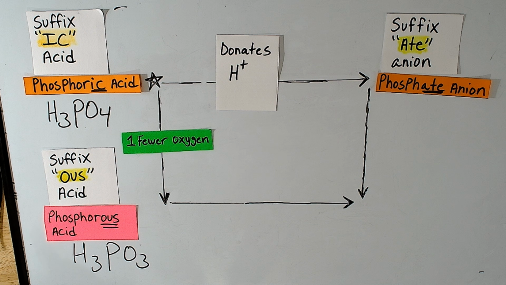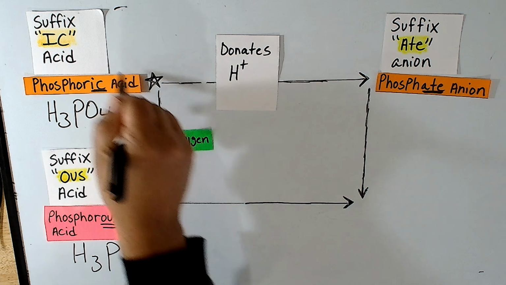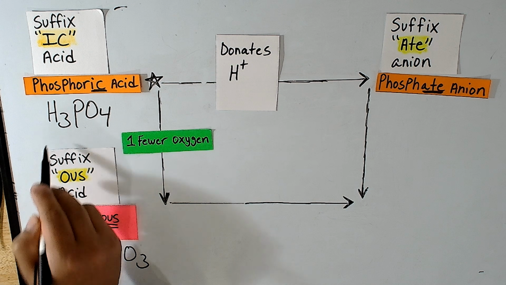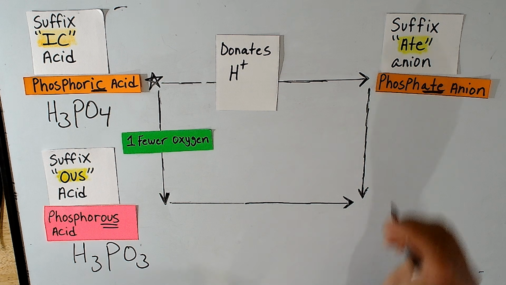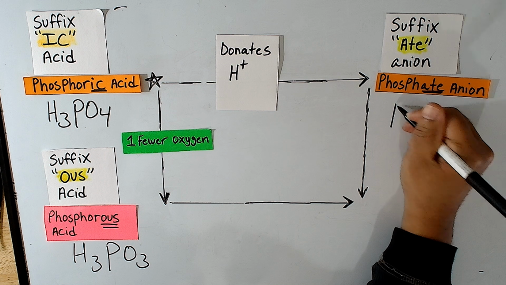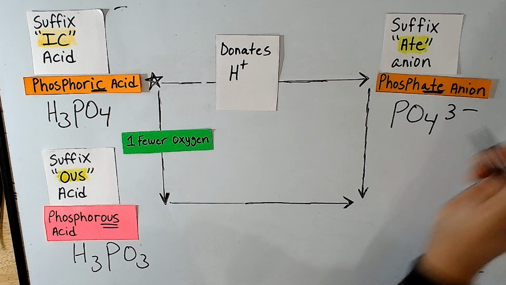Now, at an introductory chemistry level, we can think of the acid as donating all of its hydrogen ions. And that is going to reveal to us the charge of that anion. So we would write PO4 3 minus.